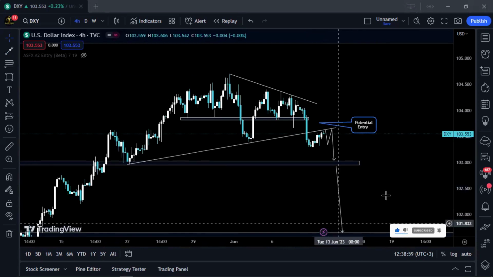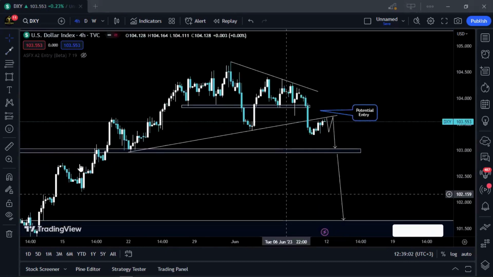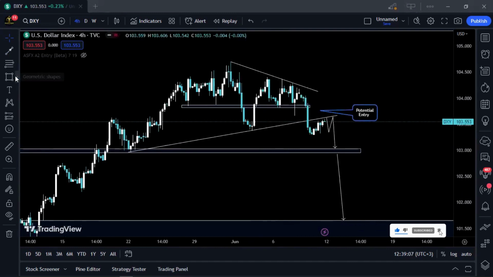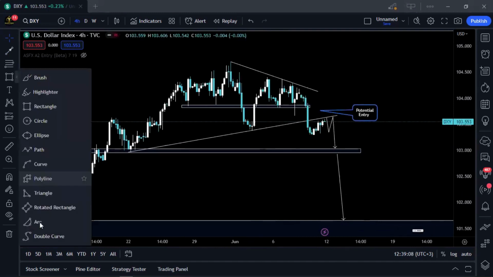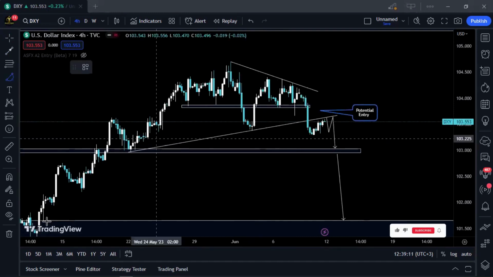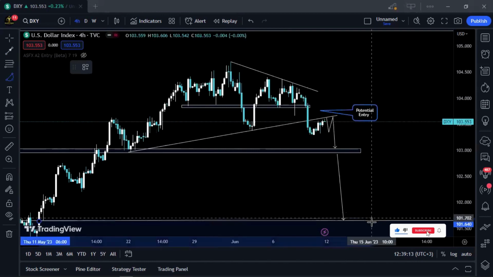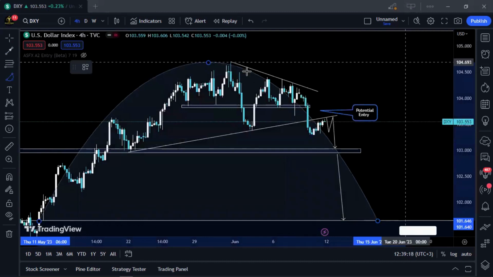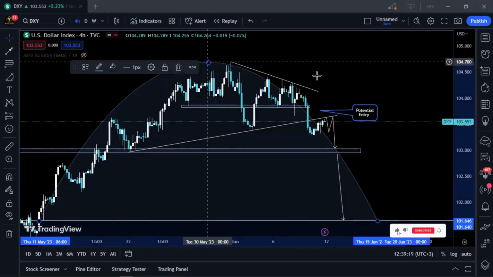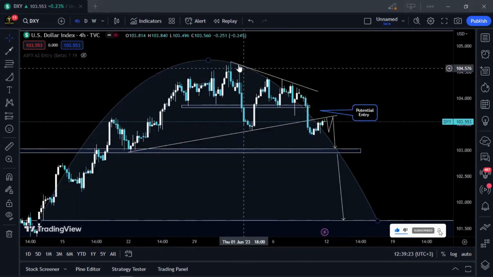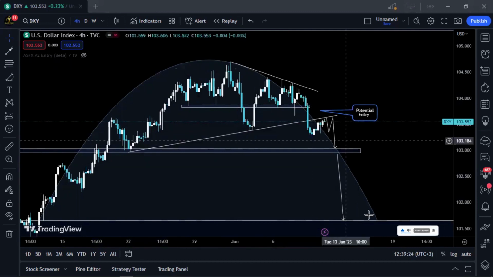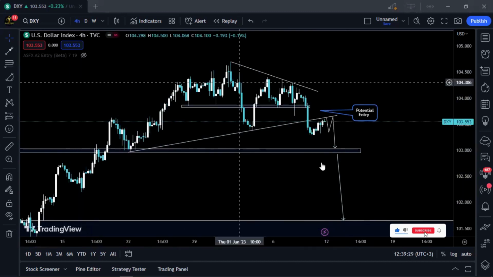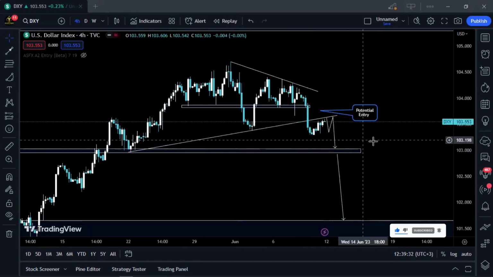Second targets will be somewhere down here, because we're seeing as if prices are forming some kind of an arc, you know that pattern, this pattern right here. This is what it looks like it's forming, right? So prices came all the way up here, and now they look as if they're going to sell until they reach somewhere down here. So that's the move that I'm looking for on DXY as prices just broke below this trend line.